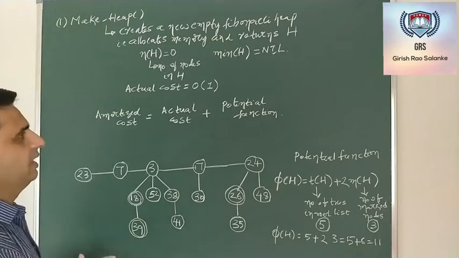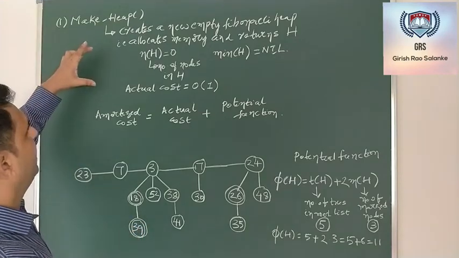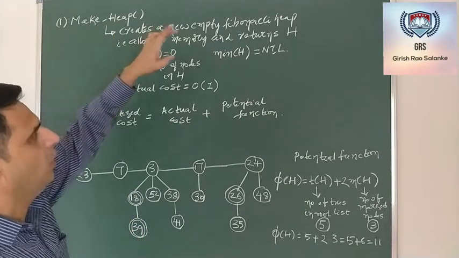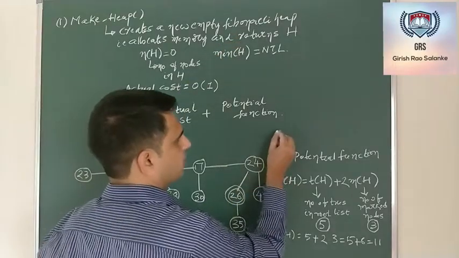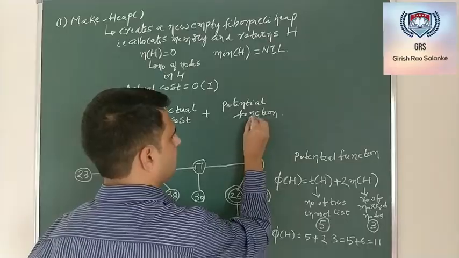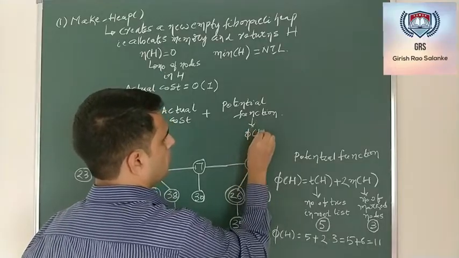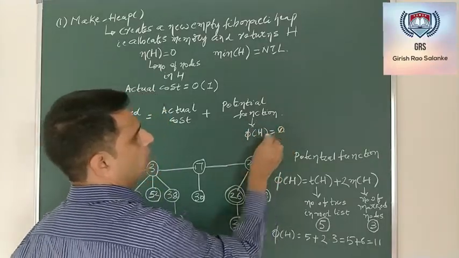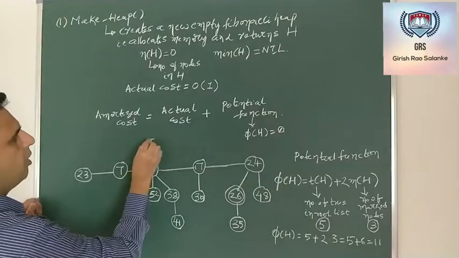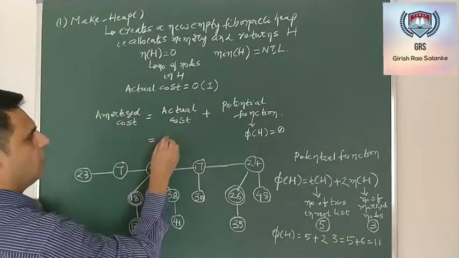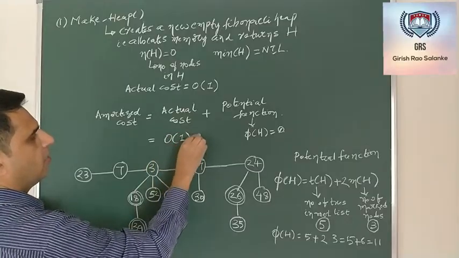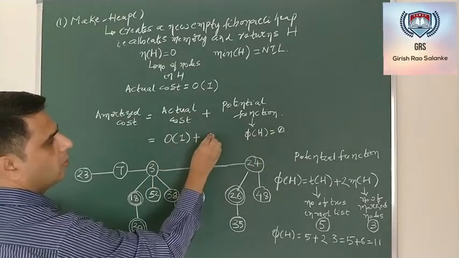Now when I create a heap with no list, obviously this potential function phi of h is 0. So what will be the amortized cost? Amortized cost will be equal to actual cost. Actual cost is order of 1. It is order of 1 plus 0.